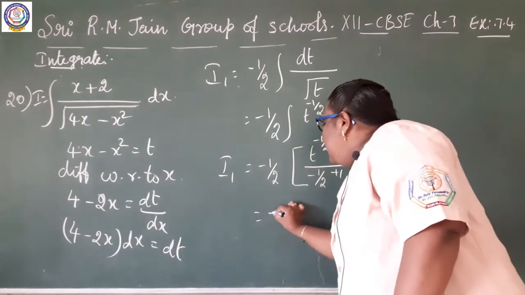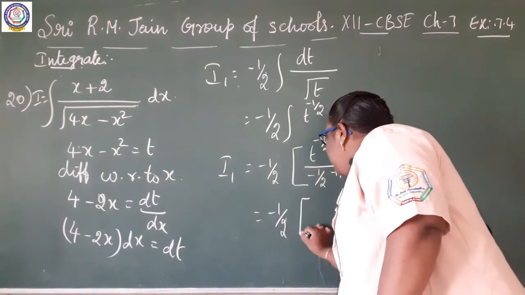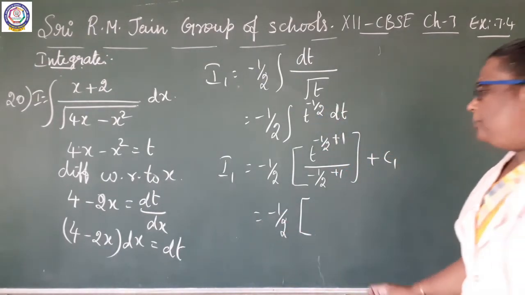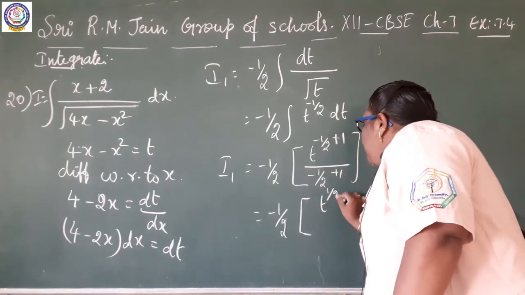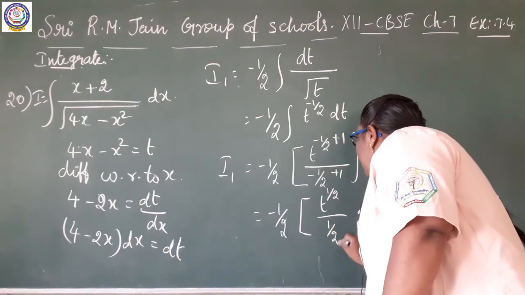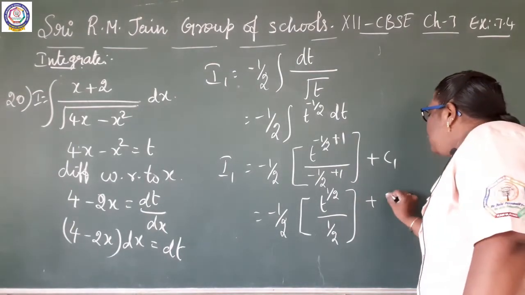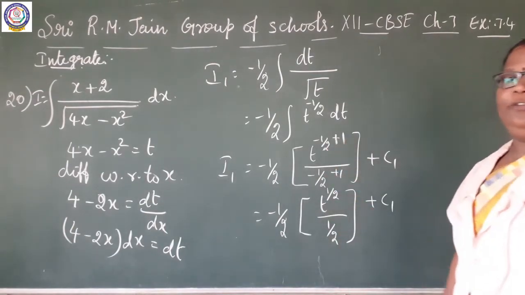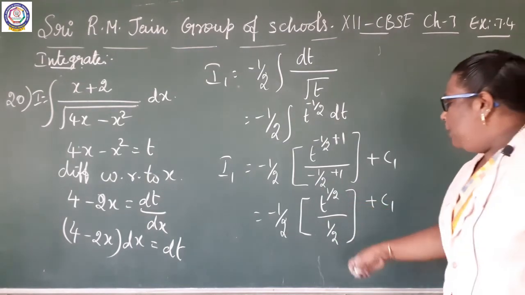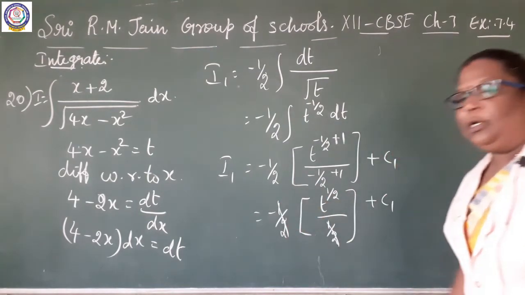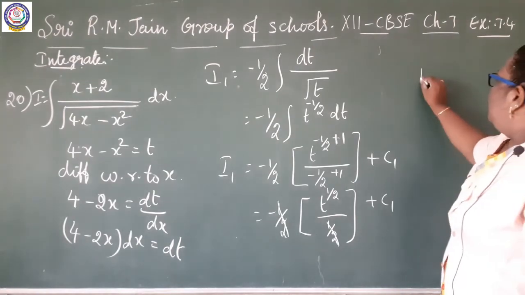So minus 1 by 2 into t power 1 by 2 by 1 by 2, taking the LCM half. The 1 by 2 and 1 by 2 get cancelled. So what is the final value?